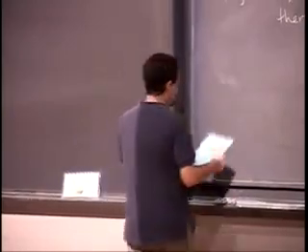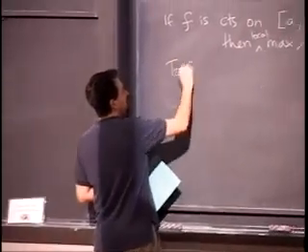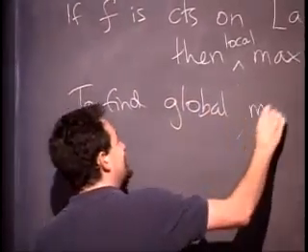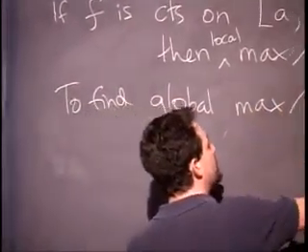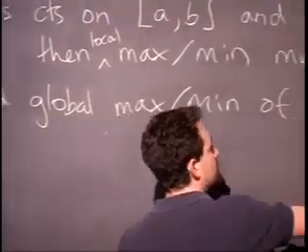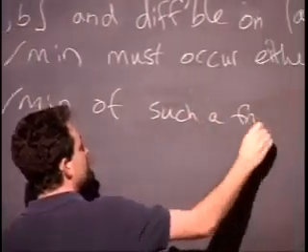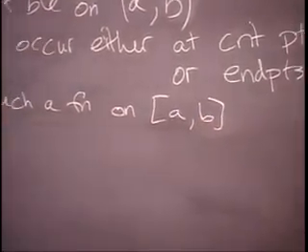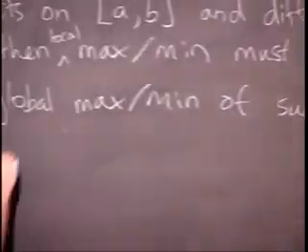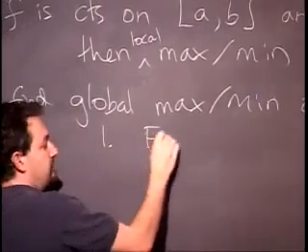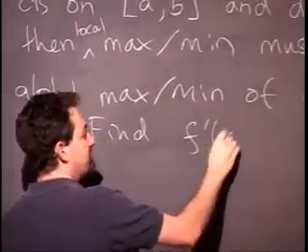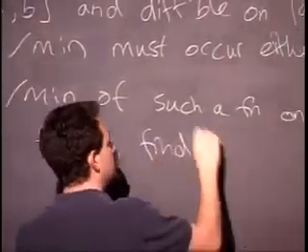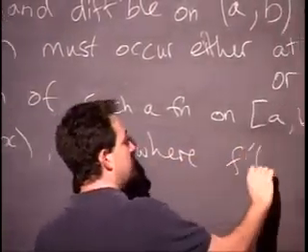So this suggests the following procedure to find a global maximum and minimum, or all the global maxima and minima, of such a function on a closed interval like AB. Okay? So the first thing is find f prime of x and find where f prime of x equals 0.